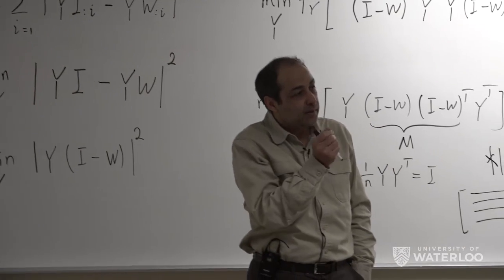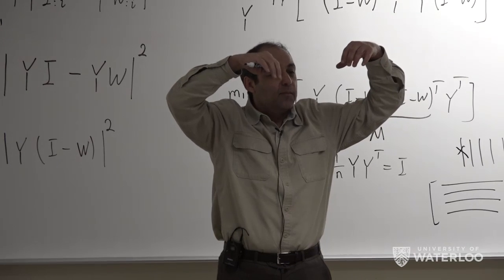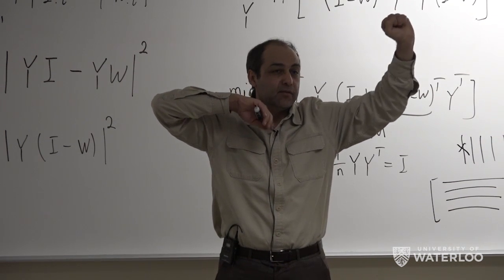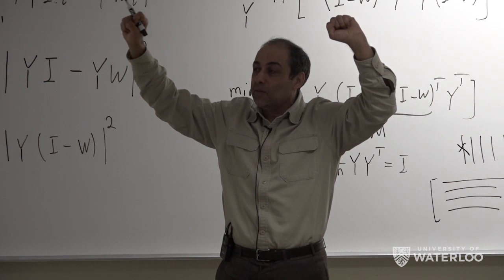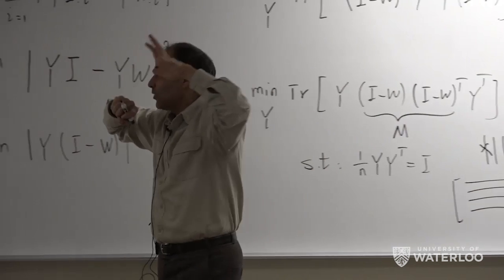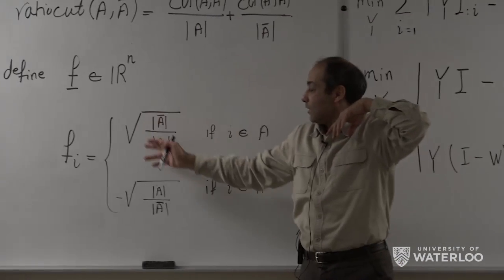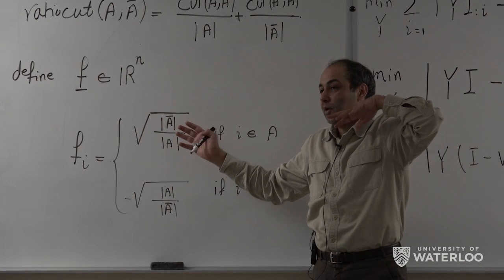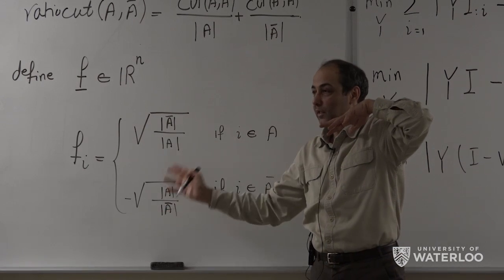This is like labels. Points in A, I'm going to label them positive. Points in set A bar, I'm going to label them negative. But not just +1, -1; it always has a value. If the number of points in set A and A bar are the same, it's going to be +1, -1.